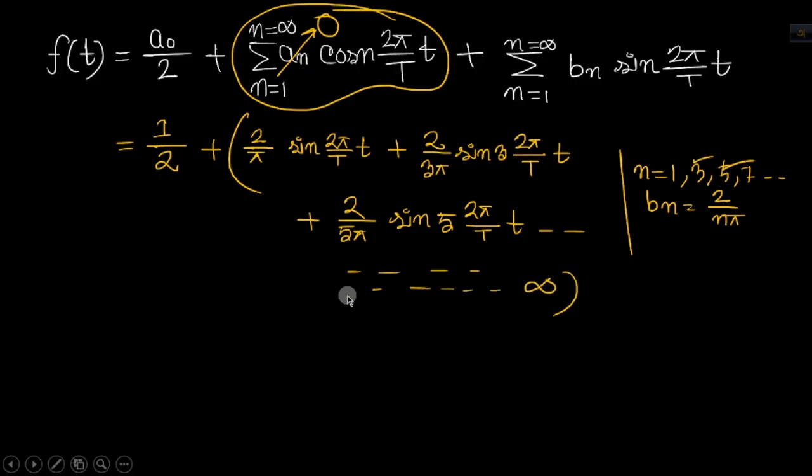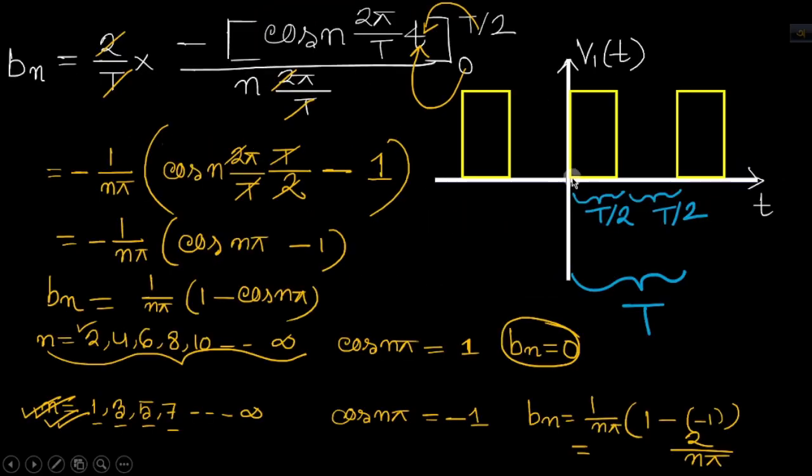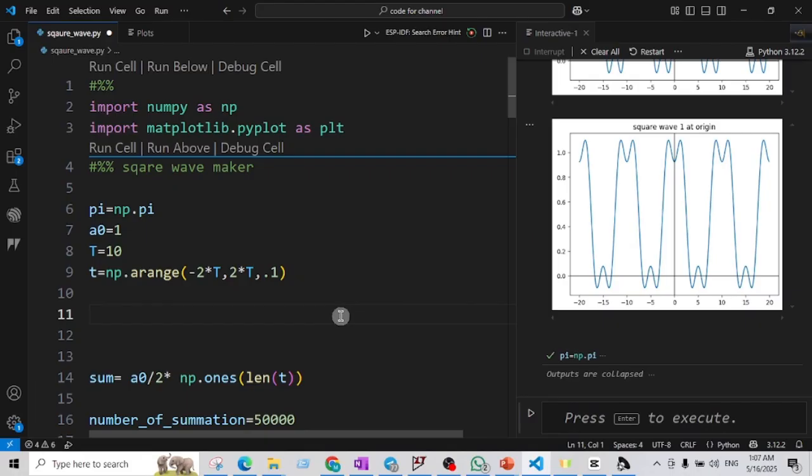So this is the equation of the first square wave. So this is the equation of this kind of square wave, right? Okay, let's see how this Python code works.